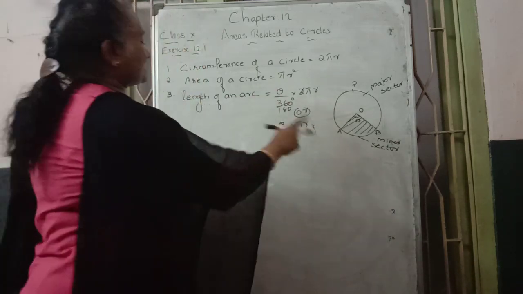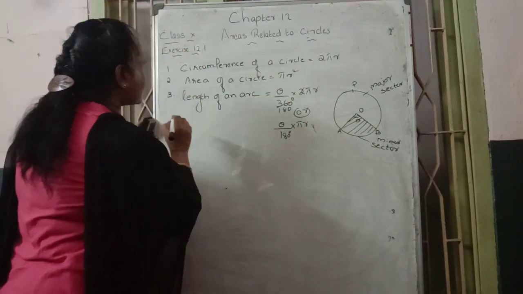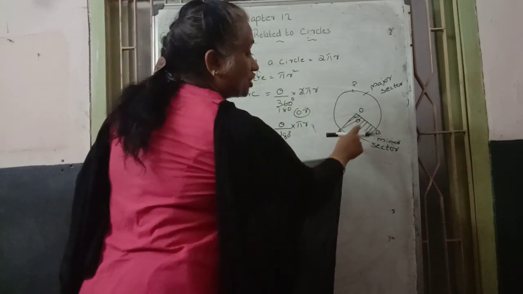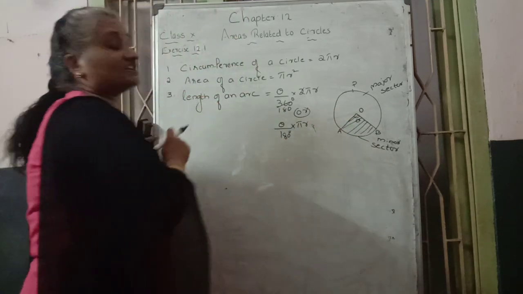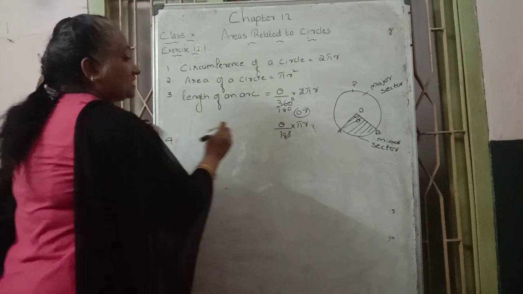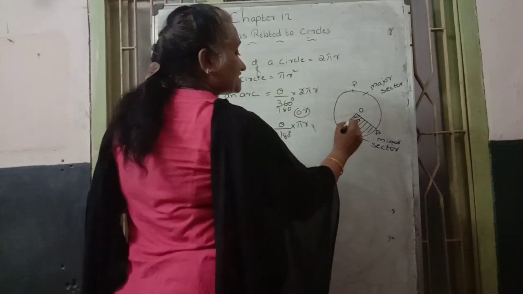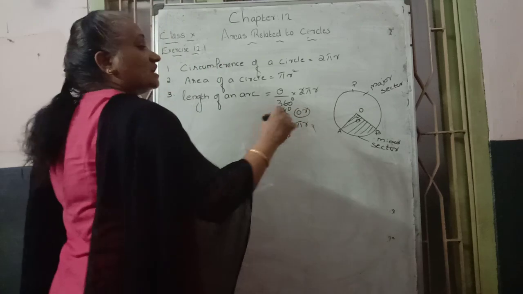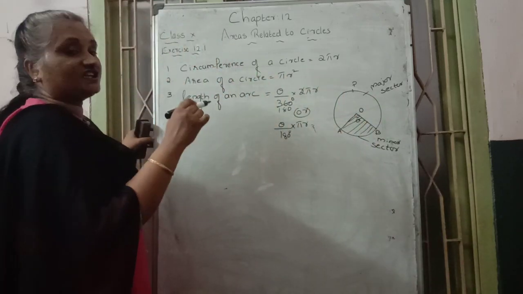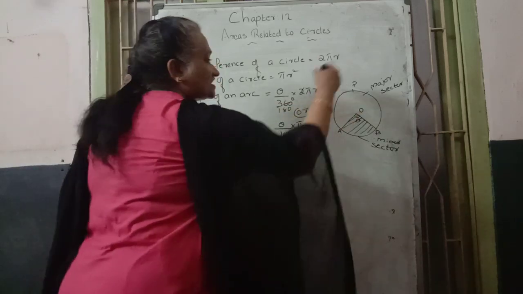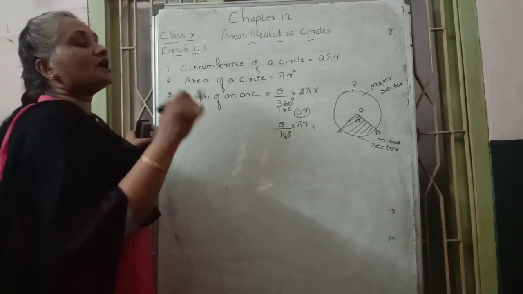Then the next, fourth formula, is the area of the minor sector. How to find the area of the minor sector? Here also theta is there. One full rotation is 360 degrees. The area of the circle is pi r square.